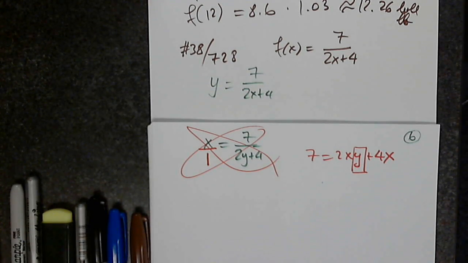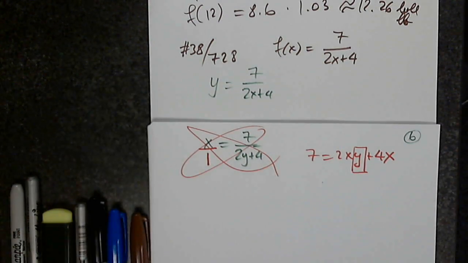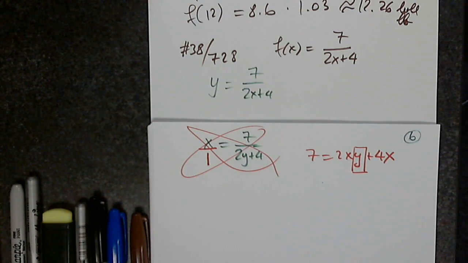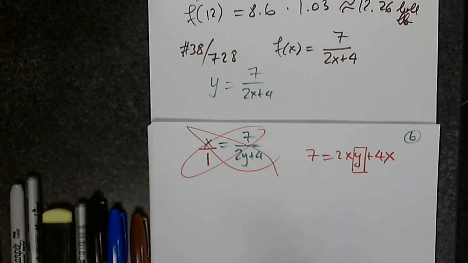There is no fraction. There is no denominator with x or variables, right? If you see a fraction and you see variables in the denominator, you have to think of rational. If you have something like this with no denominators and there is no square root, no absolute value, then this is linear in x and linear in y. So it's not exactly linear because it has two variables, but we are solving only for one variable.